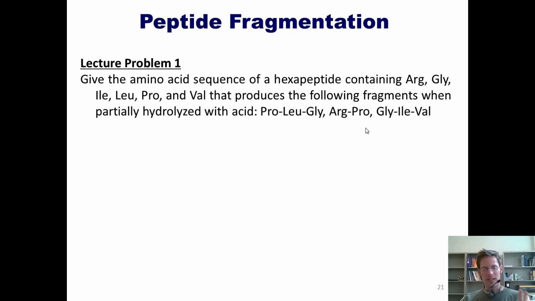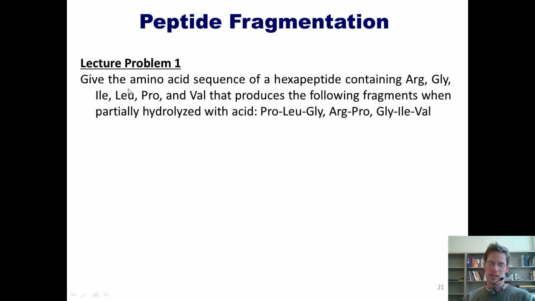So let's now look at these fragments. You'll notice that these two fragments, proline, leucine, glycine, as well as arginine, proline, both contain proline. Similarly, these two fragments, proline, leucine, glycine, and glycine, isoleucine, valine, both contain glycine. So here's the deal.